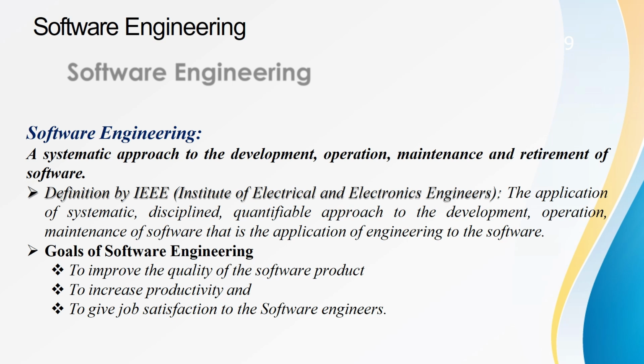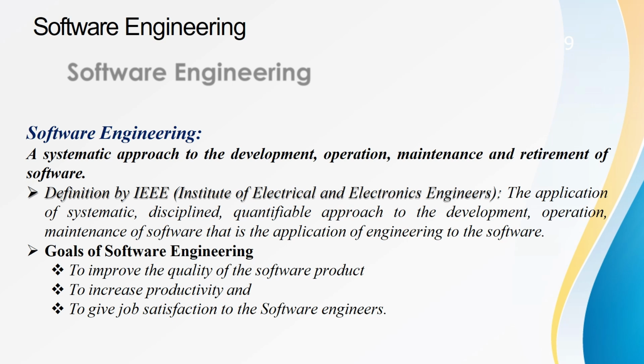What are the goals of software engineering? First, quality: to improve the quality of a product. The next one is to increase productivity. The next is to give job satisfaction to software engineers. If a software engineer is able to deliver good quality software, only then will their job give satisfaction.